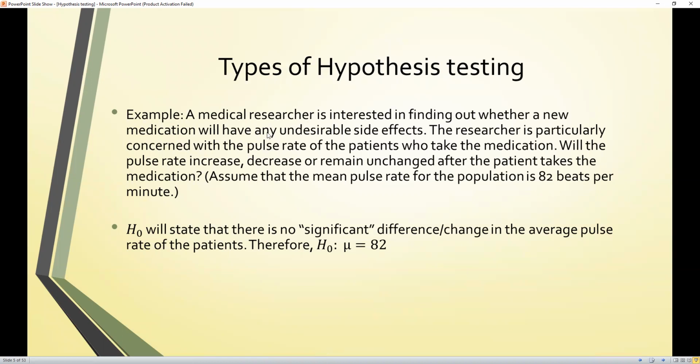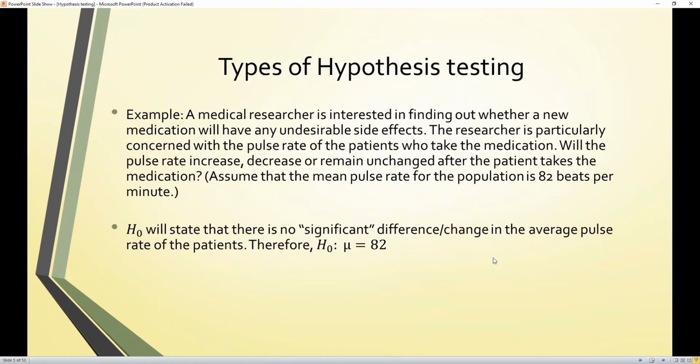So the situation is that the medical researcher wants to test if there will be undesirable effects. He just wants to know if there will be either an increase, a decrease, or will the beats per minute remain unchanged. The null hypothesis will state that there is no significant difference or no significant change in the average pulse rate of the patients.